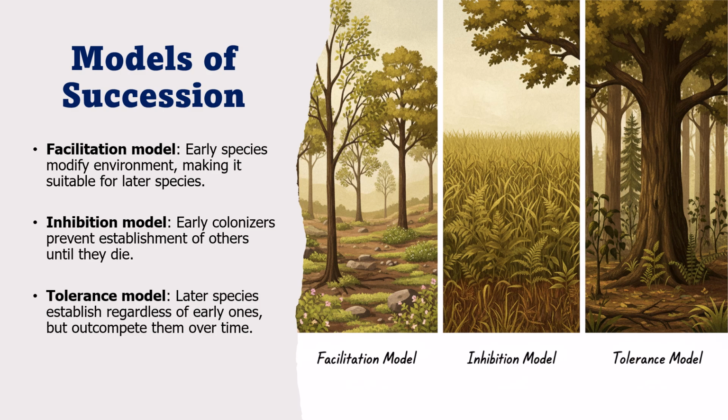The tolerance model explains that later species can establish regardless of early species but eventually outcompete them due to better adaptations. These models highlight the different pathways by which succession can unfold, emphasizing that ecological change is influenced by interactions among species, environmental conditions, and competition for available resources.